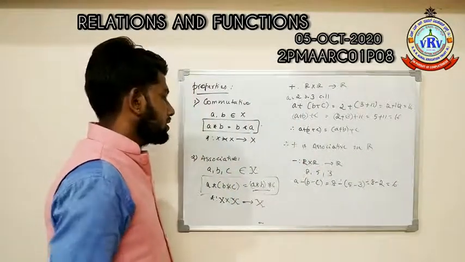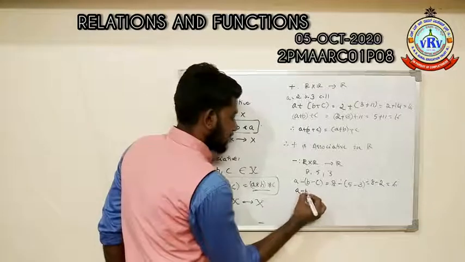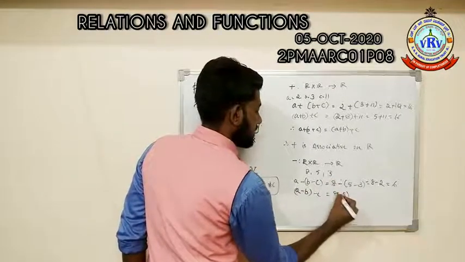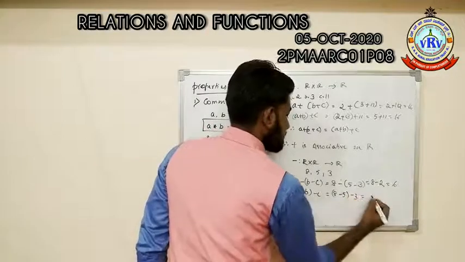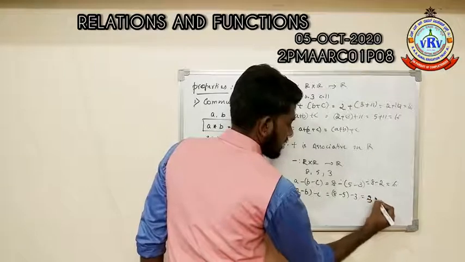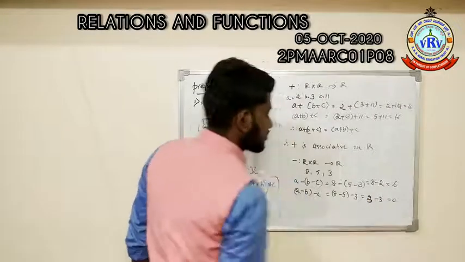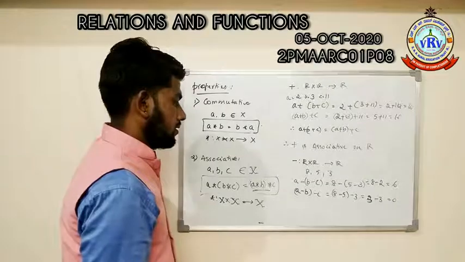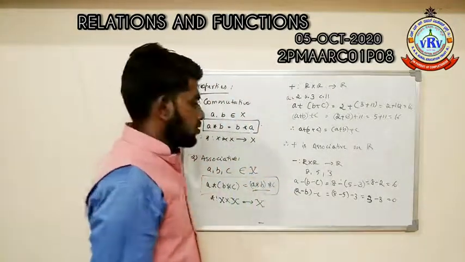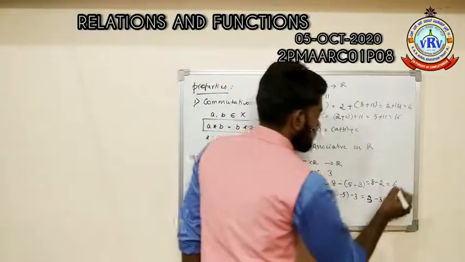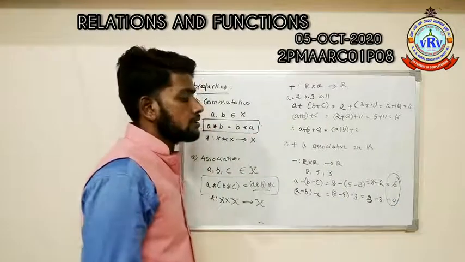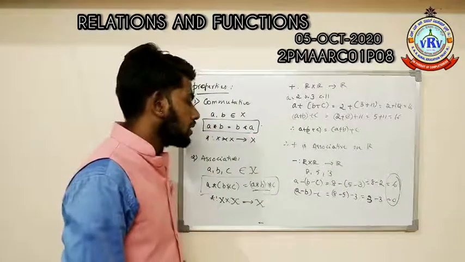Now I am considering the right hand side expression, that is (A minus B) minus C. Here A is 8, B is equal to 5 and C is equal to 3. 8 minus 5 is equal to 3 and 3 minus 3 is equal to 0. Right? It's equal to 0. So you can see the huge difference between the values.